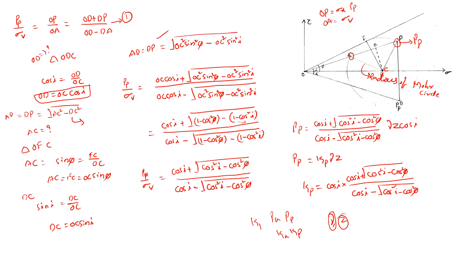So these Ka and Kp values depend only upon i and phi. i is the inclination of the backfill, and phi is the shear strength of the soil. If we know these two values, we can get the Ka and Kp values. After calculating Ka and Kp, we can easily find out the active and passive earth pressure on a particular structure.